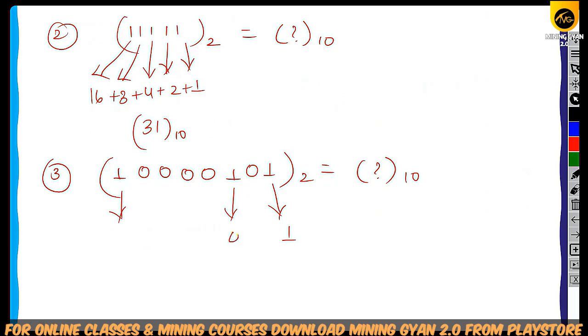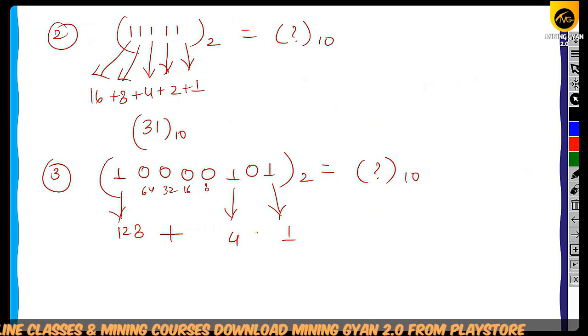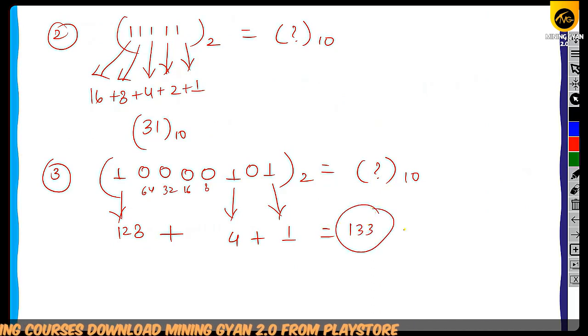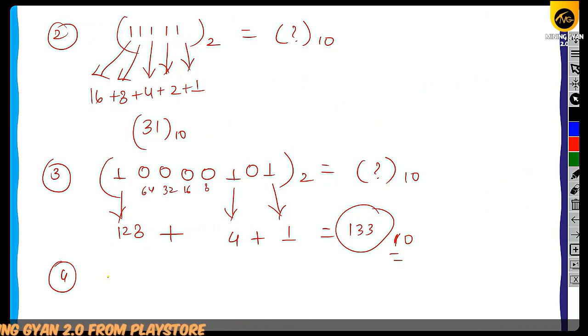The next one is 4. Now it would be 8, but it's a 0, 8, 16, 0, 32 0, 64 0, and the last will be 128. So just add 128 plus 4 plus 1 and it will become 133. So 133 will be the decimal form of 100000101.